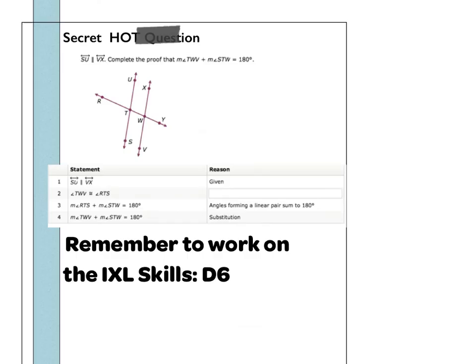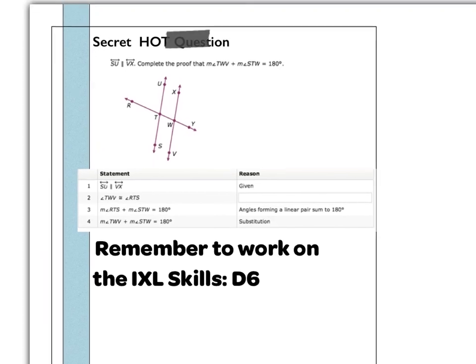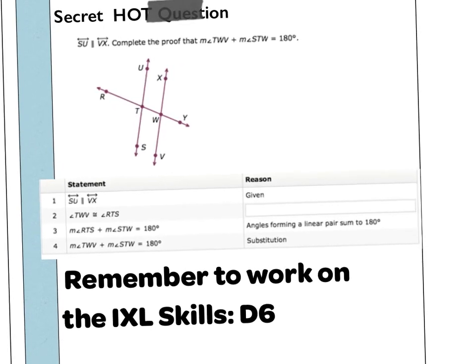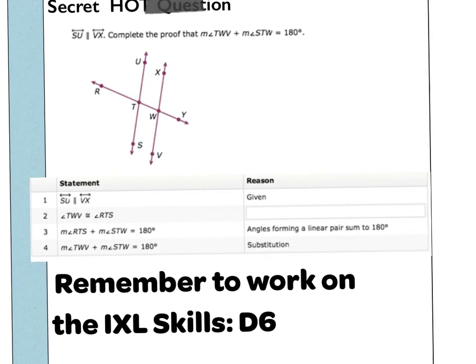Here is the secret hot question for you. Remember, the IXL skill is D6. Do not forget that. It is D6. So what you have to do for this secret hot question is just fill in that one little blank. So you want to read through this proof, and the proof says, given that these two lines are parallel, complete the proof that the measure of angle TWV plus the measure of angle STW equals 180.